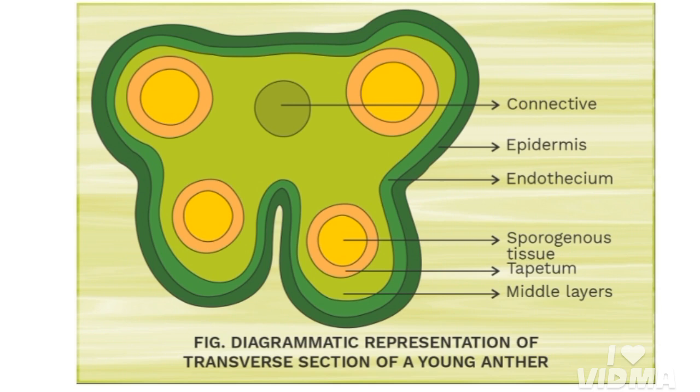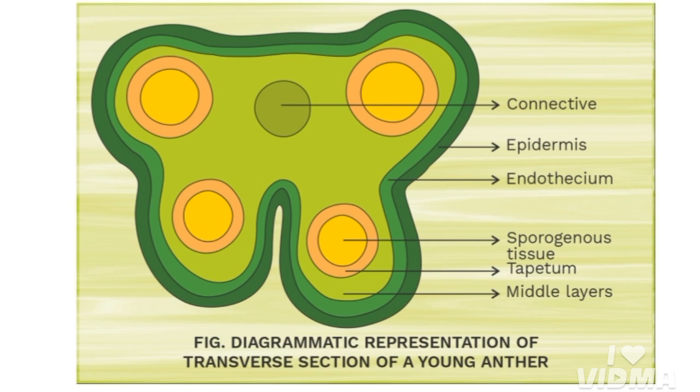The anther wall consists of the following layers: epidermis, endothecium, middle layers, and tapetum. Number 1 is the epidermis, the outermost layer, single layered, protective in function. Number 2 is the endothecium, a layer of cells having alpha cellulosic fibrous bands arising from the inner tangential wall, which helps in dehiscence of the anther due to its hygroscopic nature.